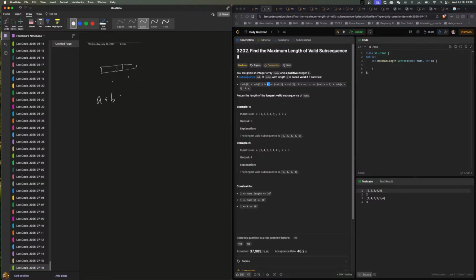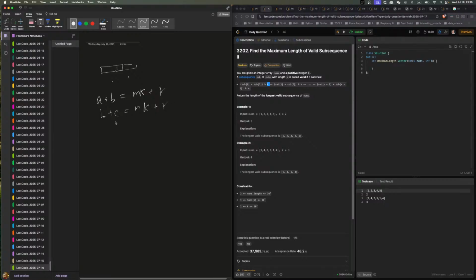So essentially we say A plus B mod K, right? We can say MK plus P, and B plus C equals NK plus P. Actually, because they're the same, I should just use R. I think R is better to understand, right?